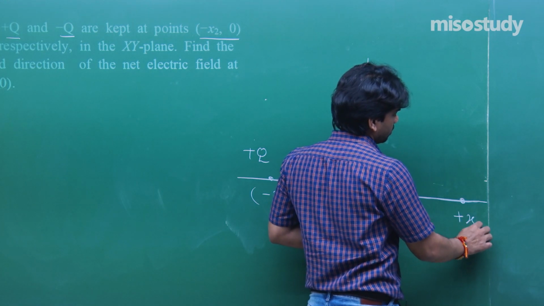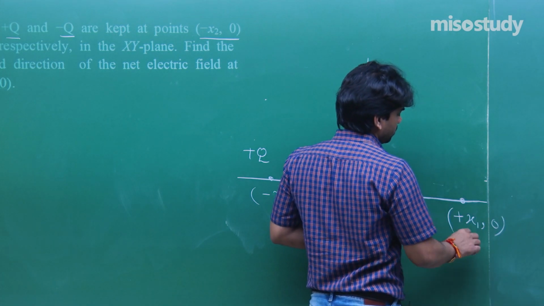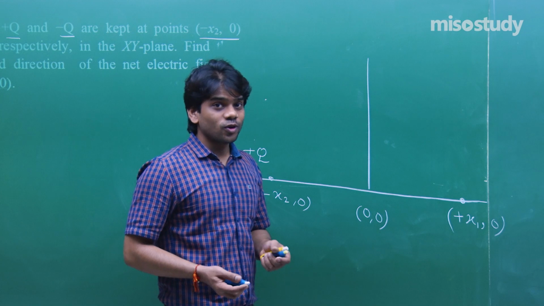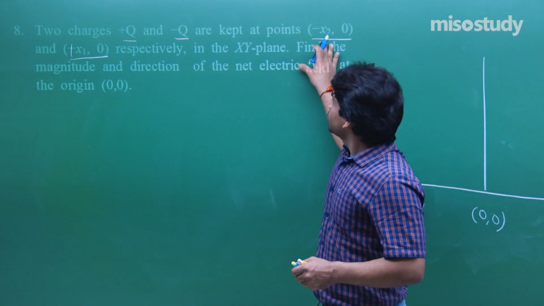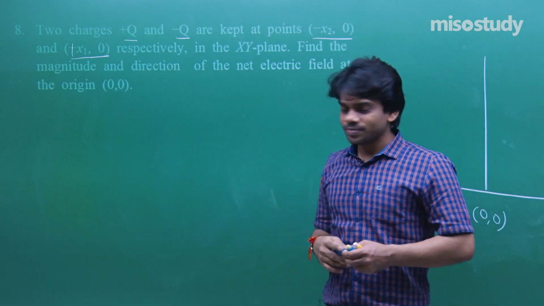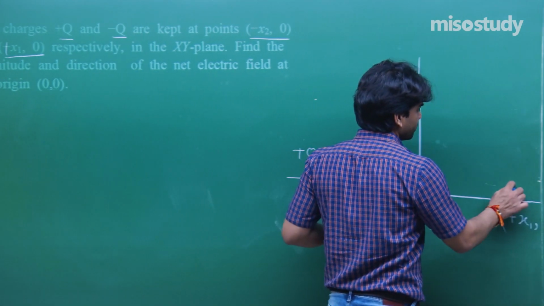You can also make it minus x1 comma 0, that will not be a big thing. And again the charges are placed as plus Q is here and minus Q is placed here.